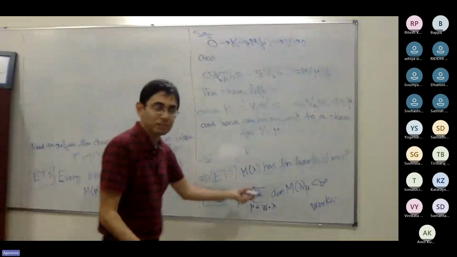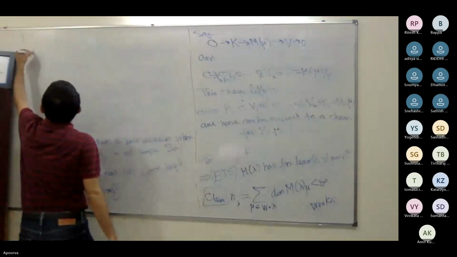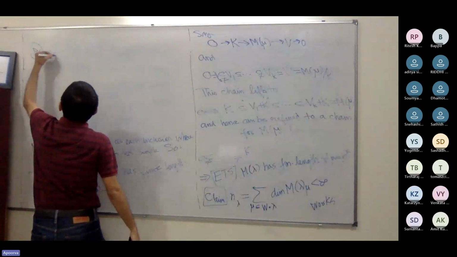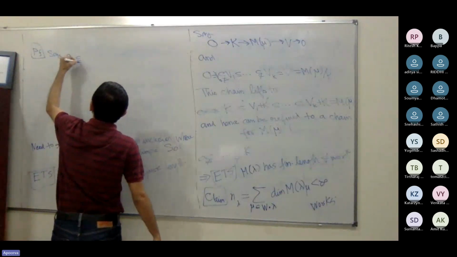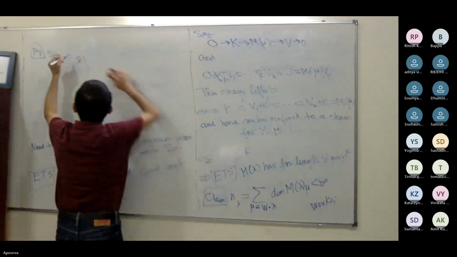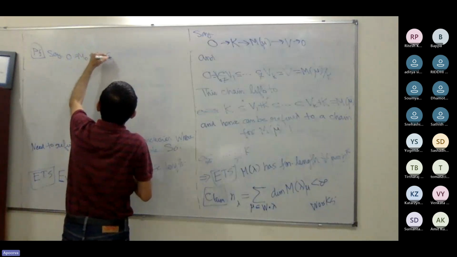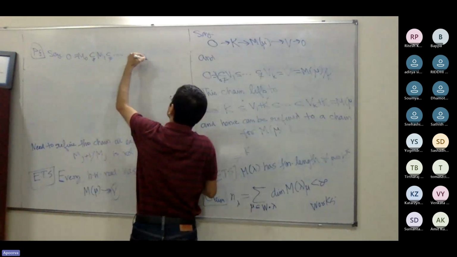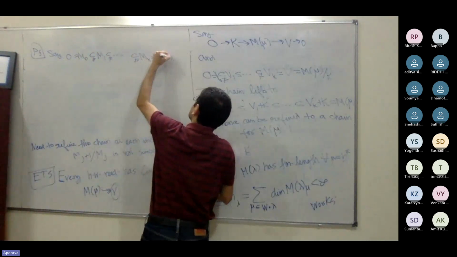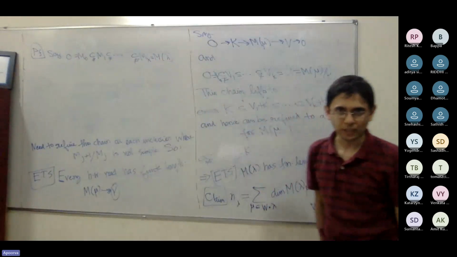So why is this true? Suppose I have a chain, say 0, and then 1, and so on. Suppose I have such a chain.